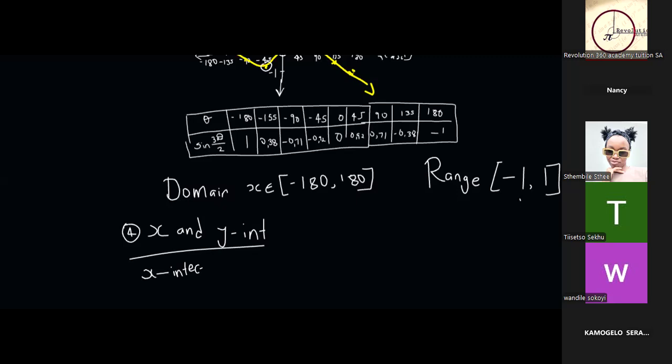And then your y-intercept will be 0 and 0, because for the y-intercept, you say let x is equal to 0.